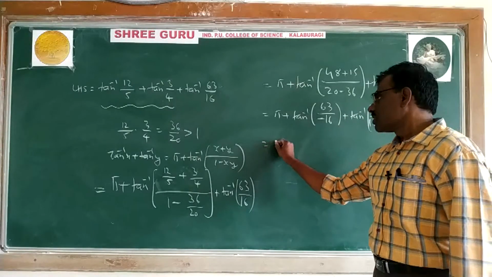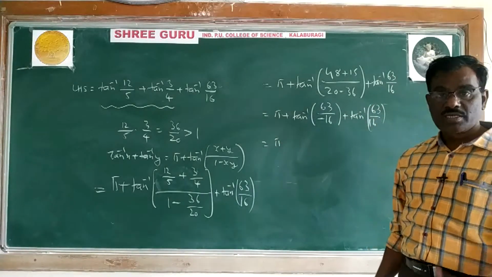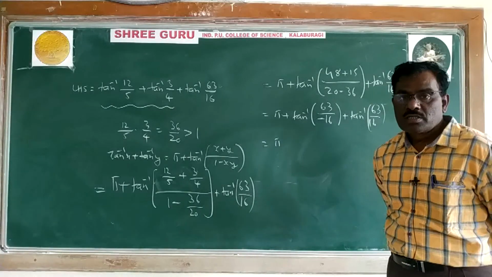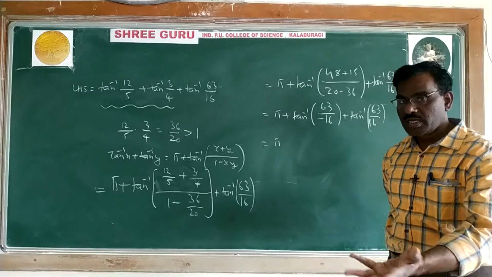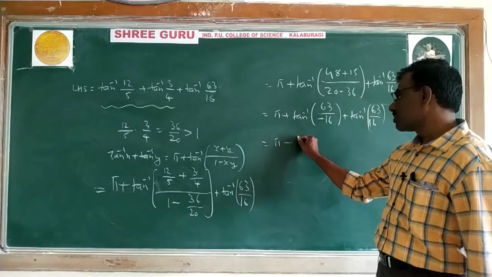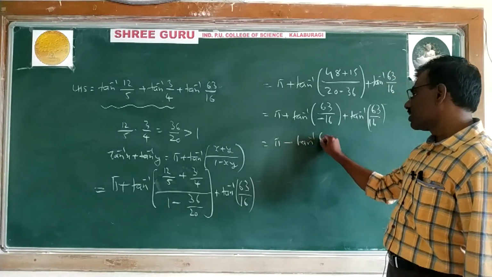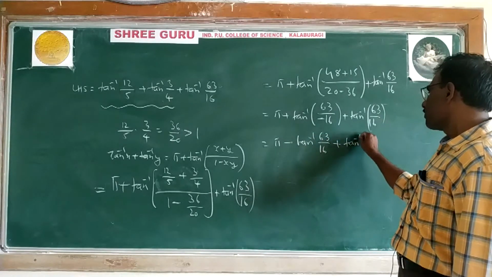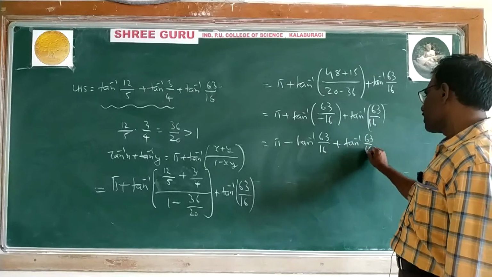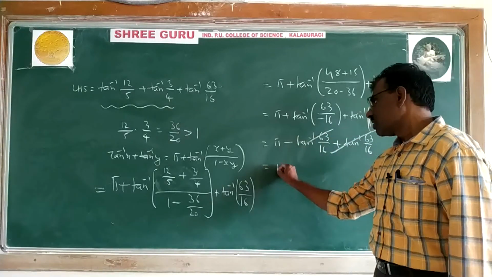You know tan inverse of minus x is minus tan inverse of x. So pi minus tan inverse of 63 by 16 plus tan inverse of 63 by 16, both cancel, and it equals pi.